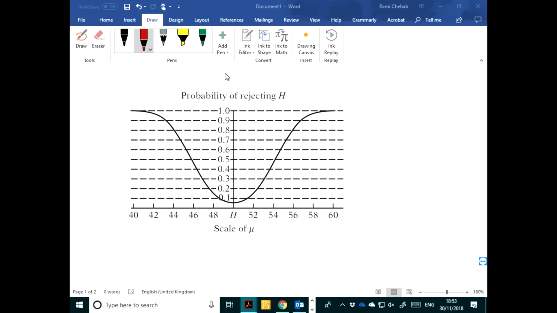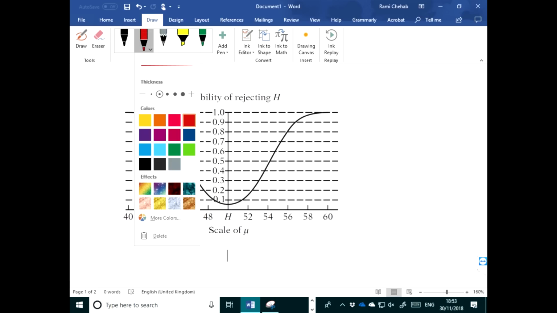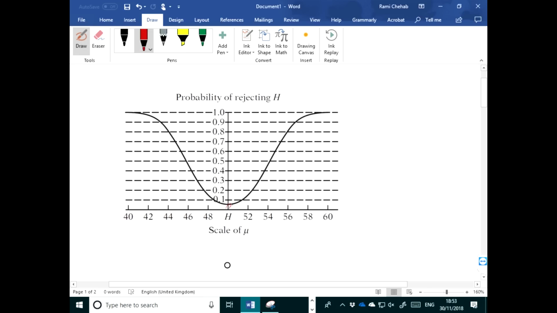So basically you can see that when mu, which is the mean, is equal to 50, then the probability of rejecting it is going to be 0.05. So this is the true kind of thing that we are really seeking for.